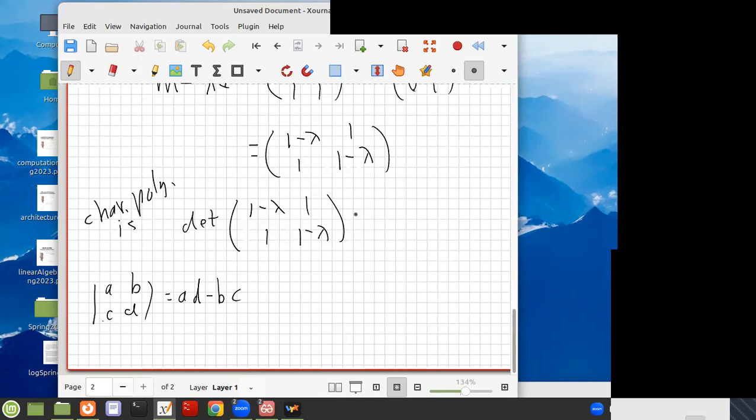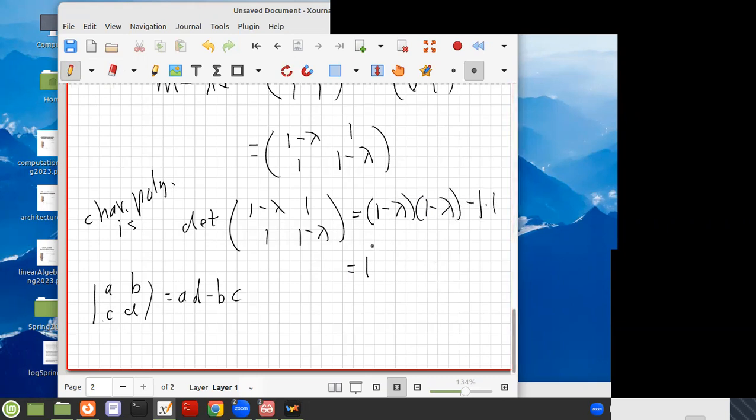So we can see here this will be 1 minus lambda squared minus 1 times 1, which is 1, right? Let me write this without the square, just to make the multiplication easier: 1 minus lambda, 1 minus lambda, minus 1 times 1.